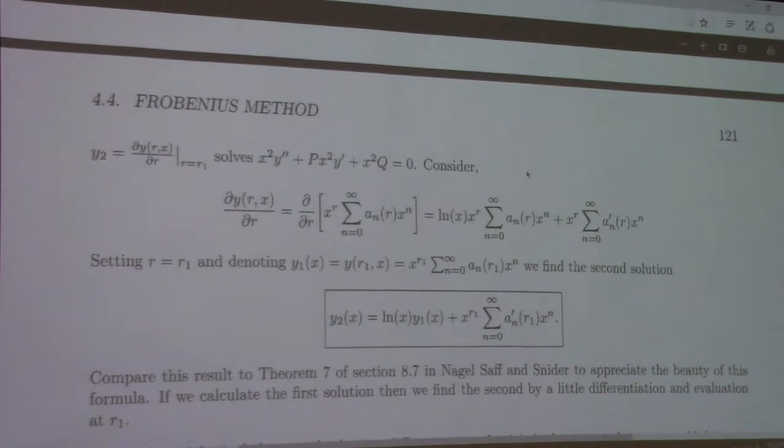That's what it boils down to. If you differentiate this with respect to r1, it gives you two things. On the one hand, it gives you log x times this stuff again, which is exactly y1 of x, right? And the other thing it gives you is x to the r1 times this differentiated with respect to r1, which is just that.